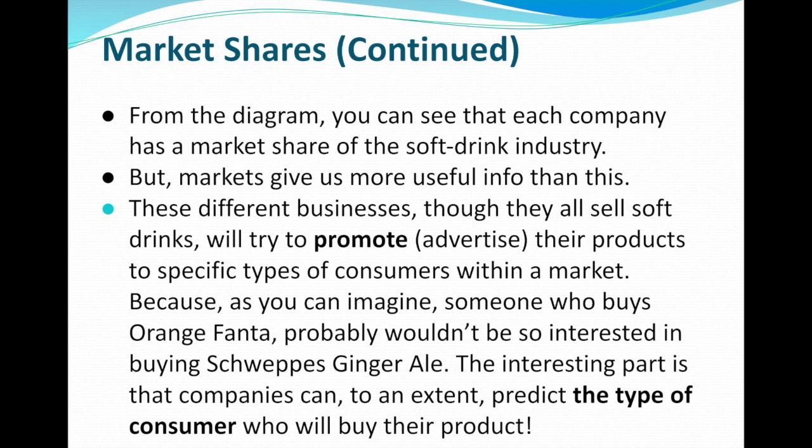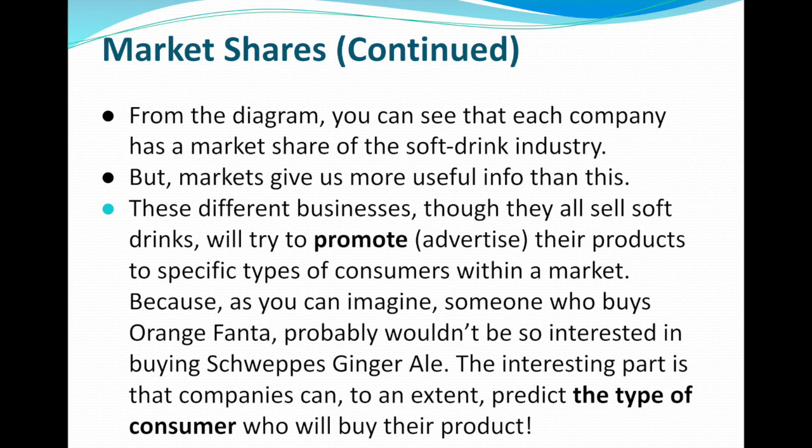Now, usually someone who buys Orange Fanta is probably going to be younger. They're probably going to be a more experienced soft drinker, or they enjoy soft drinks fairly often. It's hard to make general statements unless you do research, and companies do tons of research to find out exactly, from a statistical point of view, the most likely type of person to buy their product.